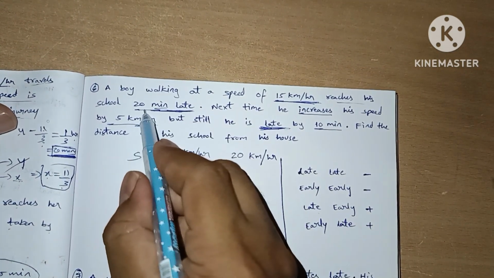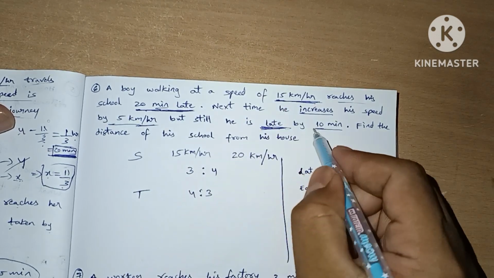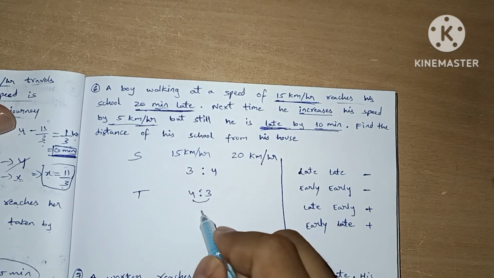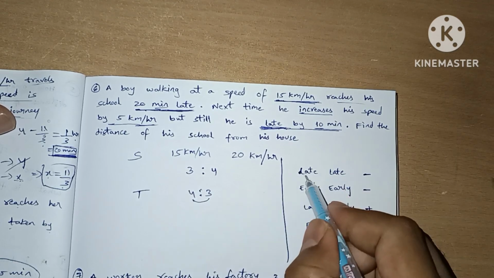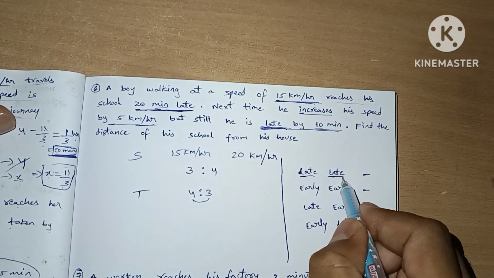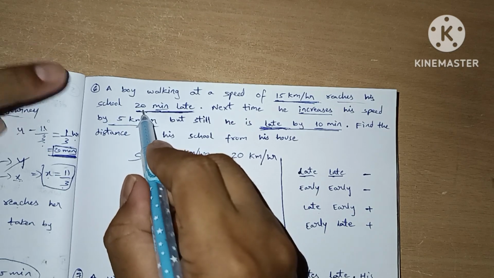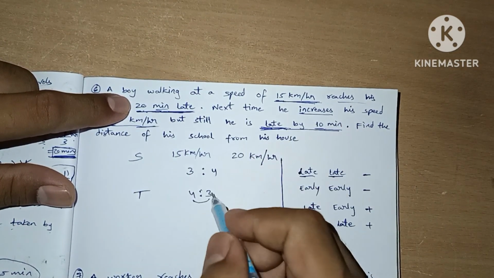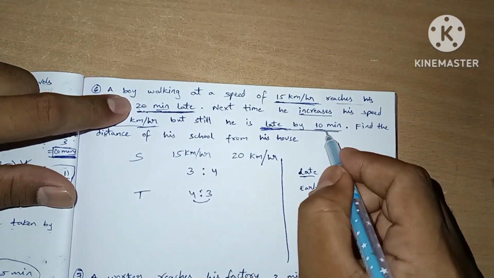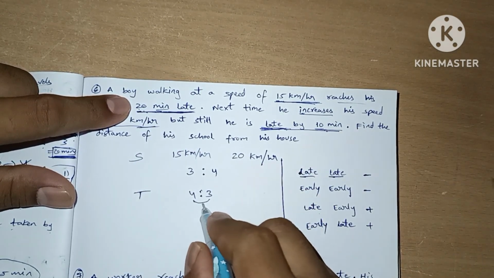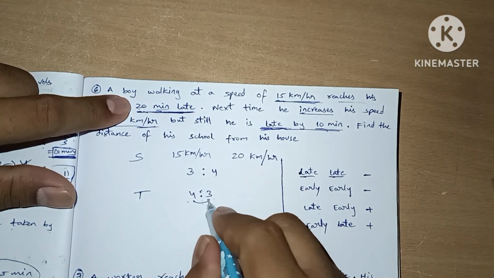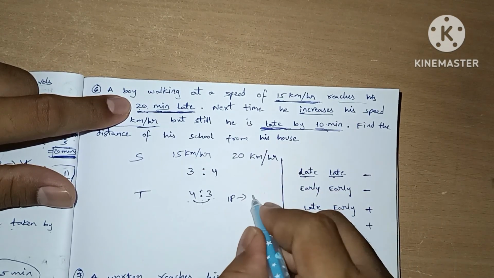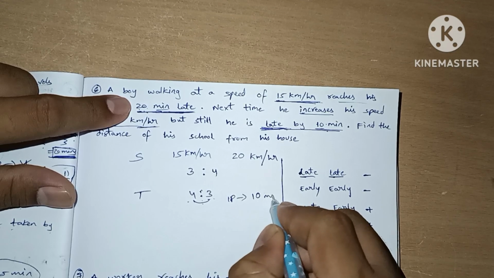Here we have two times, 20 minutes late and 10 minutes late. We need to subtract these. We need the difference between these two, which means 20 minus 10 will be 10. So the difference between 4 is to 3 is one part, and its value is the difference between these two, 10 minutes.